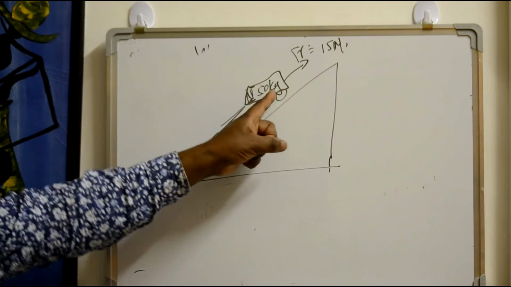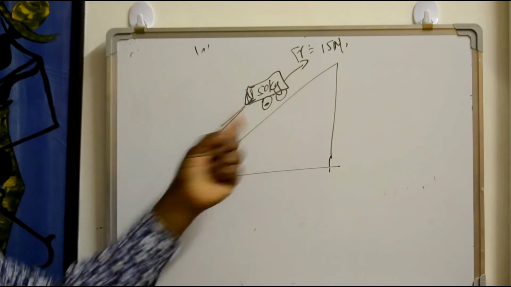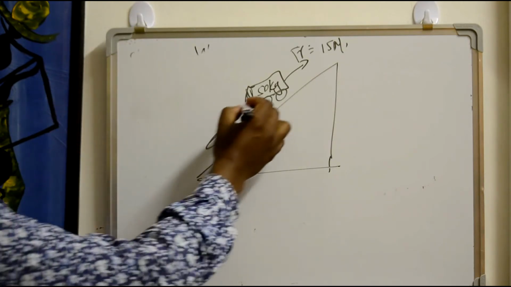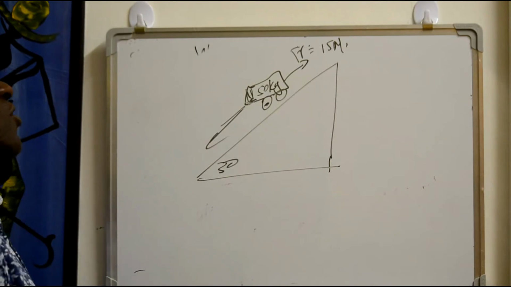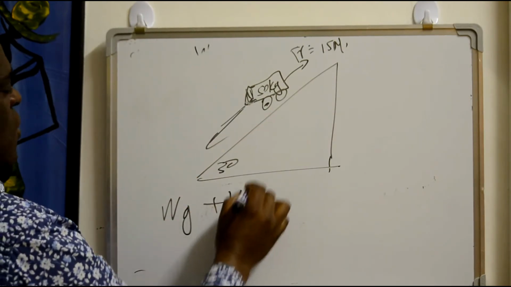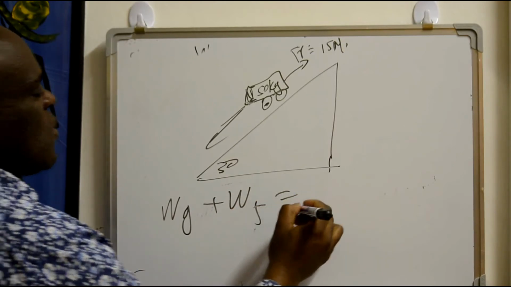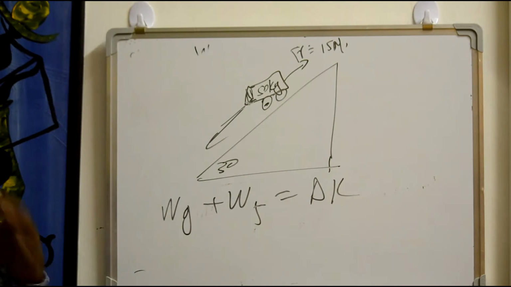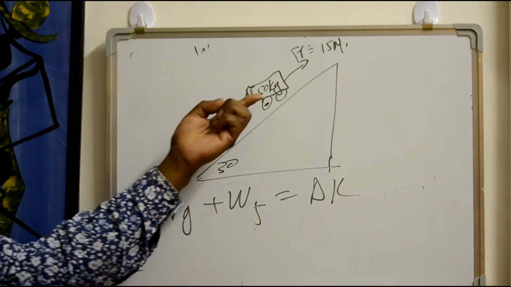Yeah, the object now is coming down. There is a friction force. If the object is coming down, how many forces are acting on this particular object? Let's say, for argument's sake, there is work done by gravity and work done by the friction, which is a change in what? In kinetic energy.